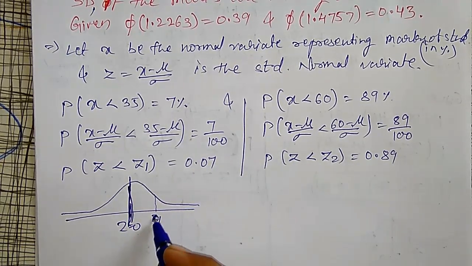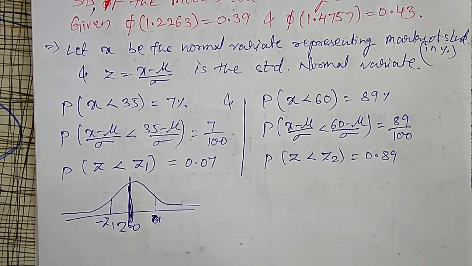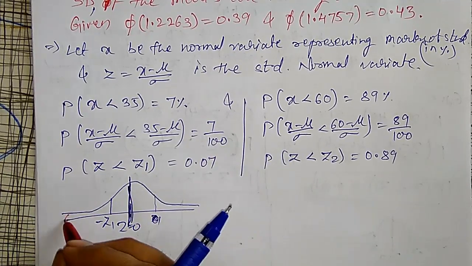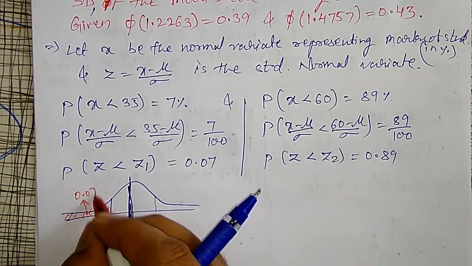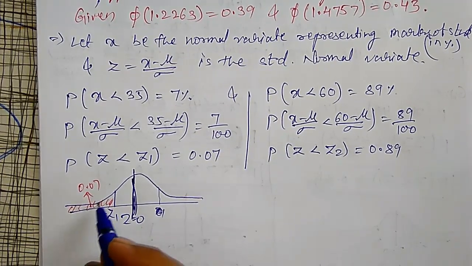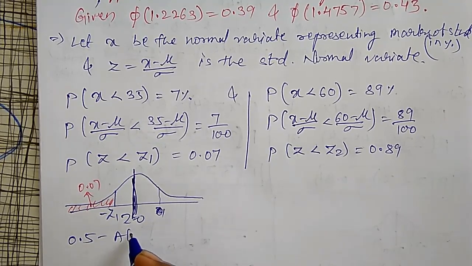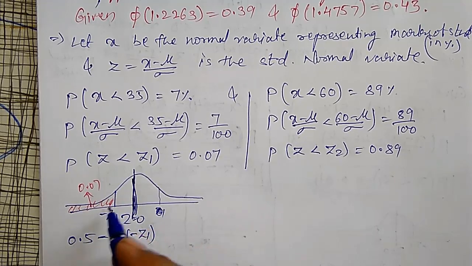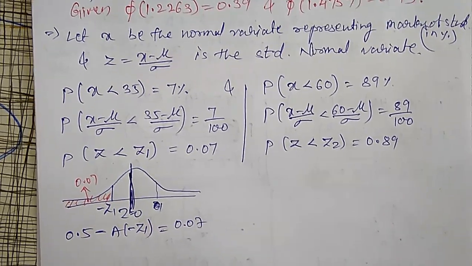That's why I am selecting z1 on the negative side, and this area must be equal to 0.07, correct? Therefore I can write 0.07 equal to 0.5 minus A of minus z1, correct? Why? 0.5 minus this area gives 0.07, which is already given.